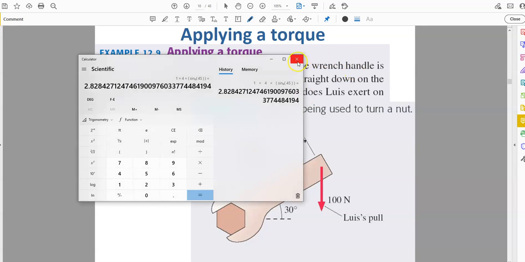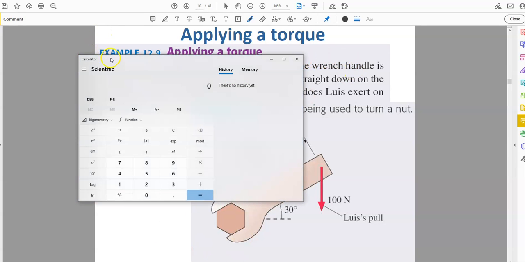So let's do this problem, and I want to do it both methods I kind of showed you.